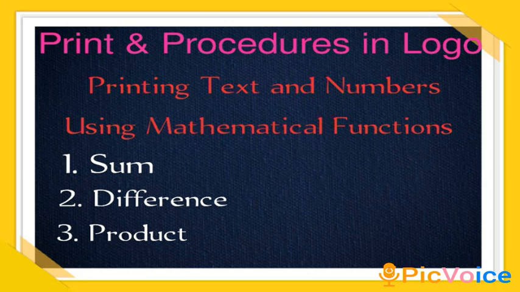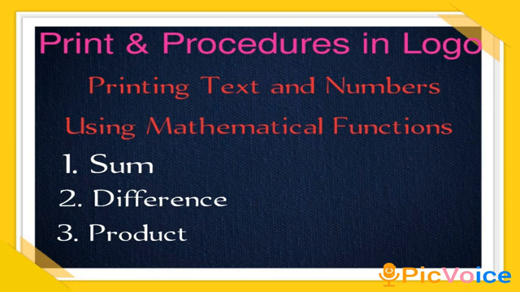In step 1, enter the print command in the command input box, and the text or number you want to print will be in single quotation marks. Then step 2 is press the enter key. Then we will get our output in the recall list box.